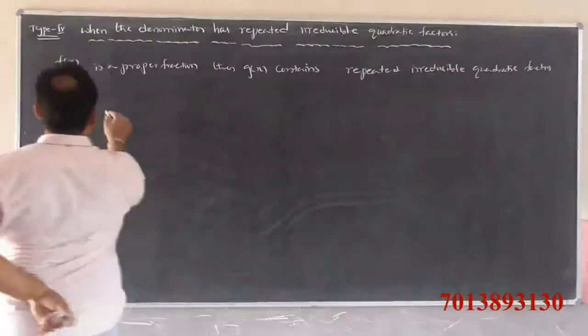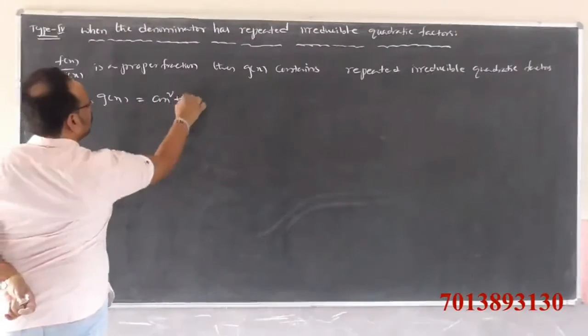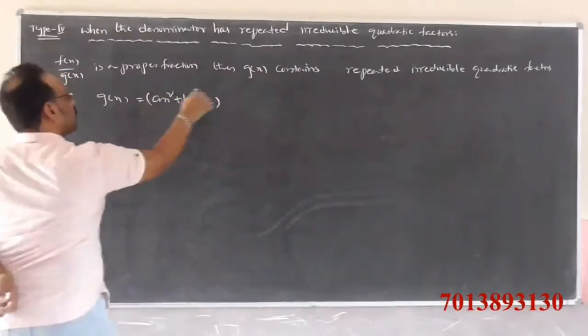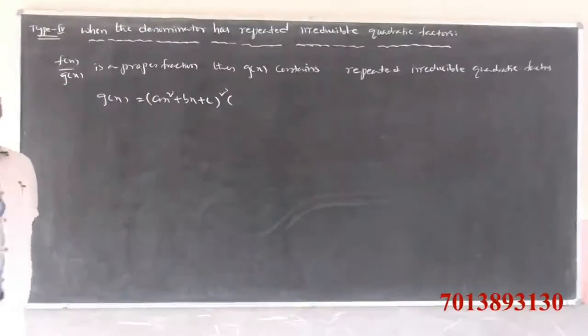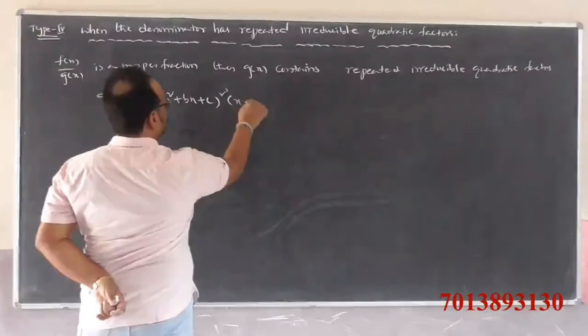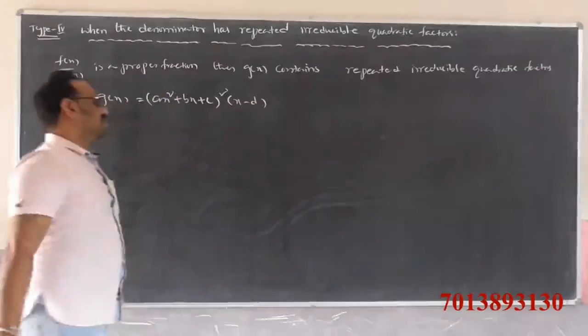That means g of x is equal to ax square plus bx plus c whole square, into some x minus d, or abc x minus d.